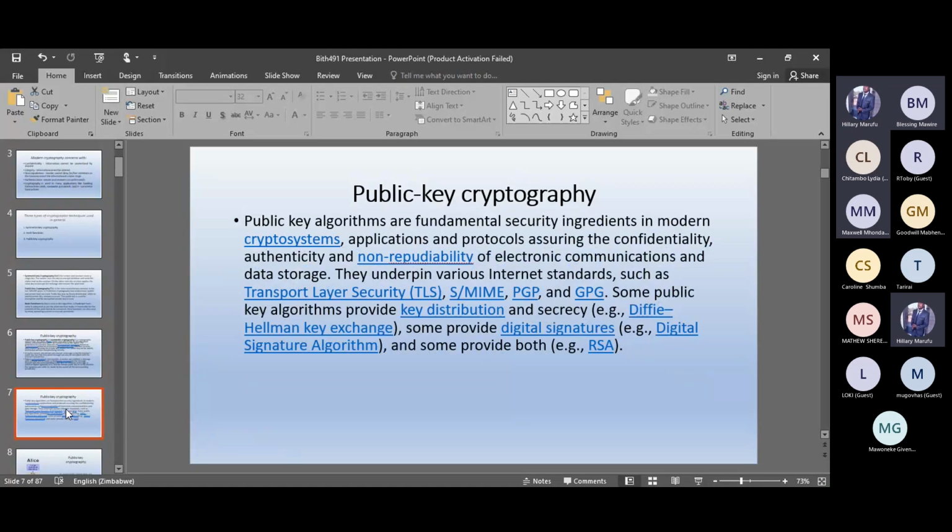So you discover that there are certain standards that need to be adhered to when using public key cryptography, and there are certain algorithms that are employed. So we're going to talk about the Diffie-Hellman algorithm. I'm not so sure if we have got time to talk about RSA and digital signature, but I'm sure the Diffie-Hellman we talk about.